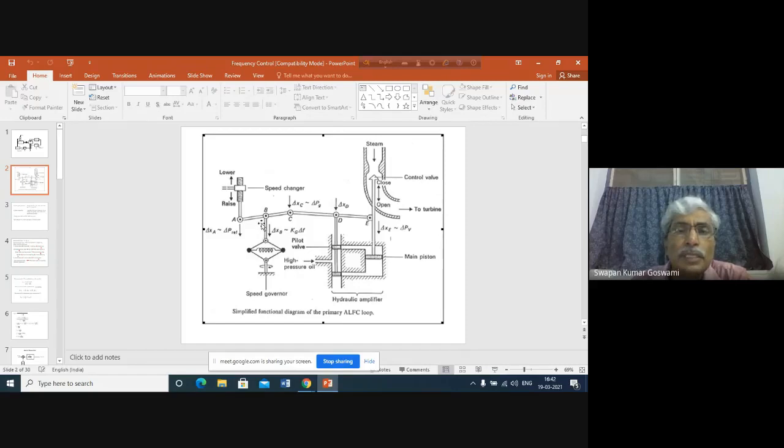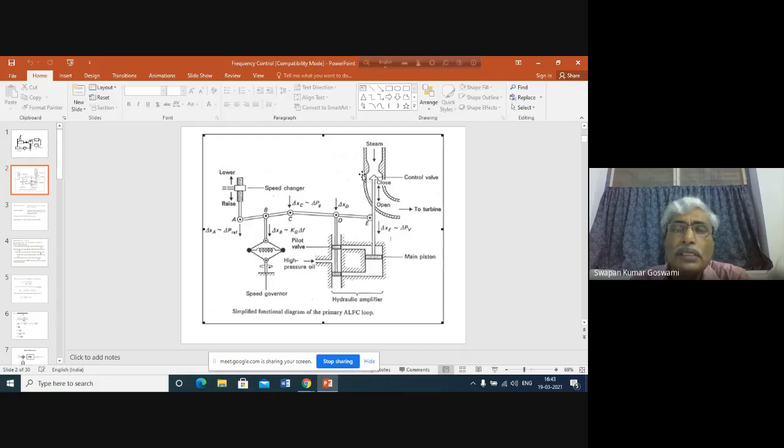Any force generated at this point, or any force generated here, will be magnified by this hydraulic amplifier. What is the purpose? The purpose is to increase or decrease the opening of the steam valve. This is the passage between the boiler and the turbine, and in this passage we have the steam valve located.